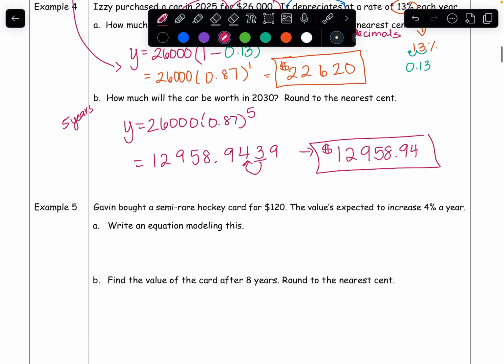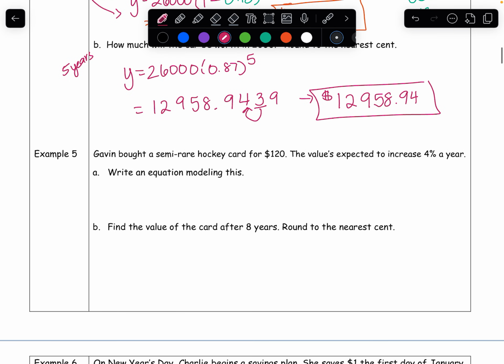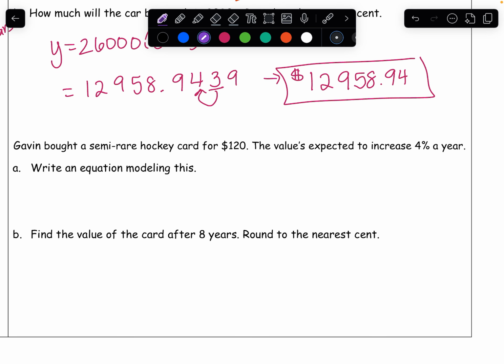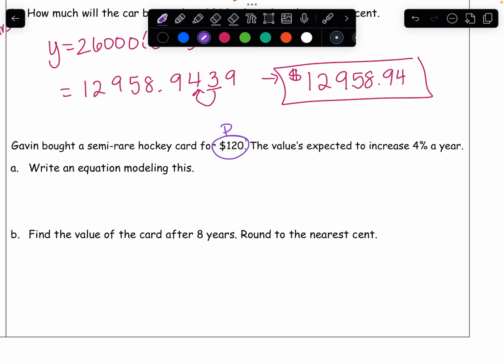Okay, let's try example 5. Gavin bought a semi-rare hockey card for $120. So that is our initial amount. The value is expected to increase, so that's going to be growth by 4%.